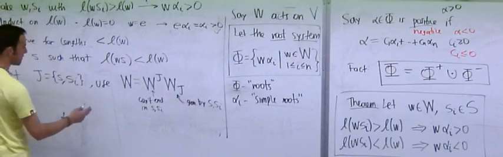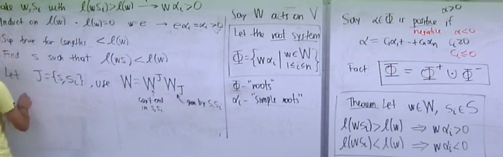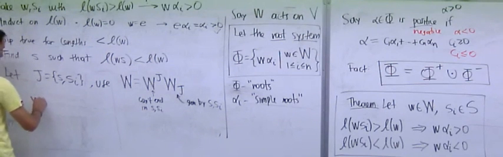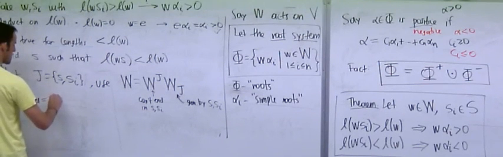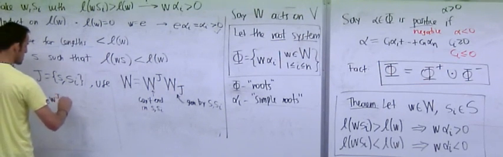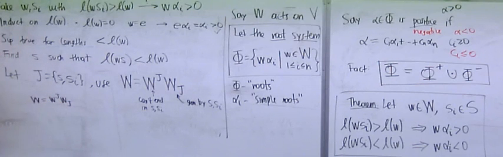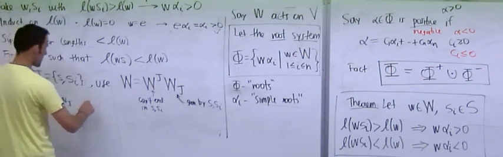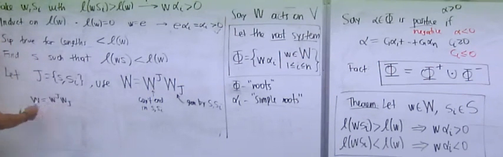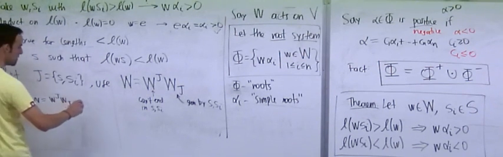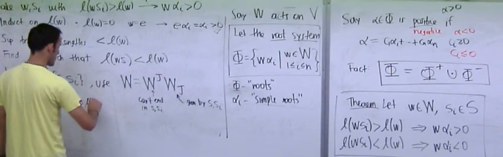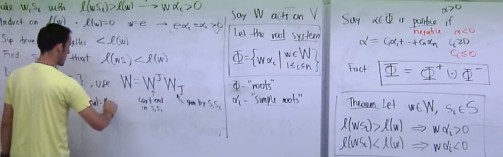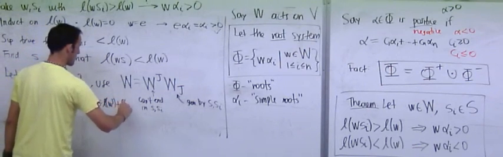So from this factorization, I get something like this. Right? Where, first of all, remember that this behaves nicely under length. So we proved that the length of W is the length of W super J plus the length of W sub J.